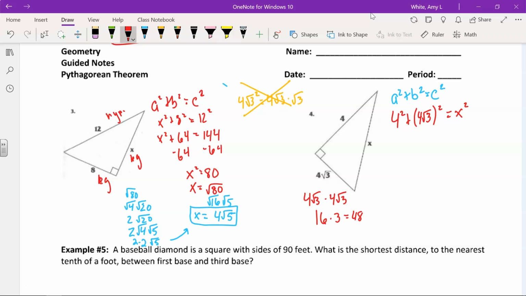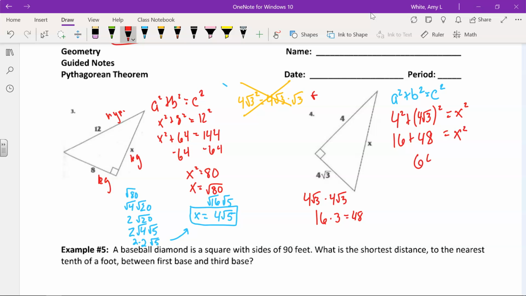You have to make sure that you have both 4s here. So this would give us 16 plus 48. This is also important because if you're using a calculator to help you, if you do not do parentheses, the calculator will assume you're talking about this. So you have to put the parentheses around the entire thing you're squaring.